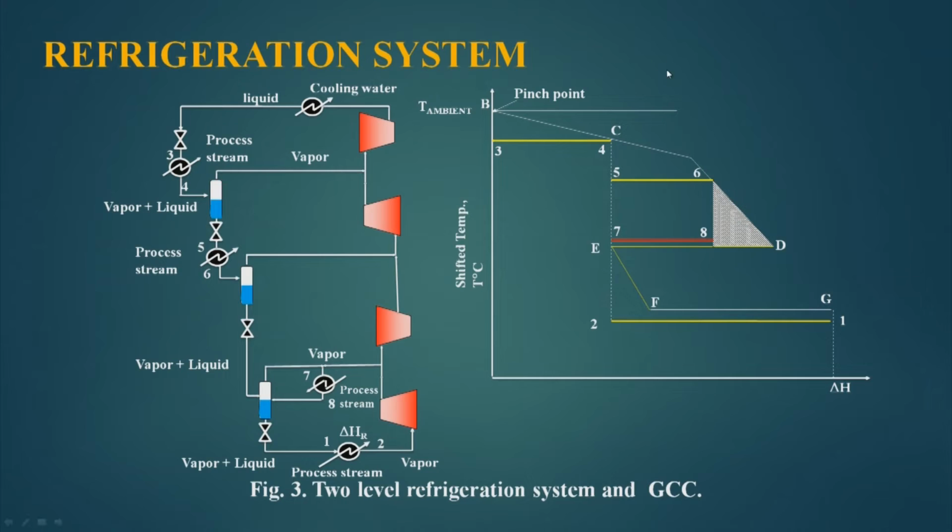What we have done, whatever heat these streams have from B to C, they are being rejected at 3 to 4. So, this heat is being rejected from 3 to 4 which is this evaporator.